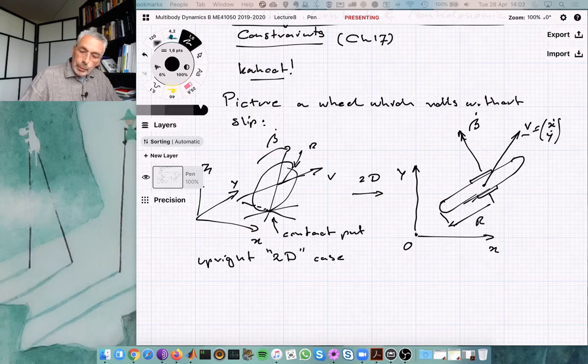Now if we look at this velocity, then we see that the velocity has two components. It has one component which is along the direction of the wheel, and it has a component which is perpendicular to the direction of the wheel. And the direction of the wheel is of course, I haven't put it in yet, but that is of course the orientation of our body, and that's just phi.